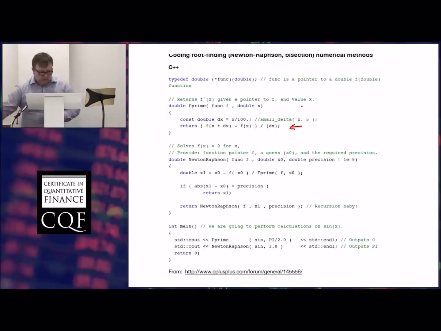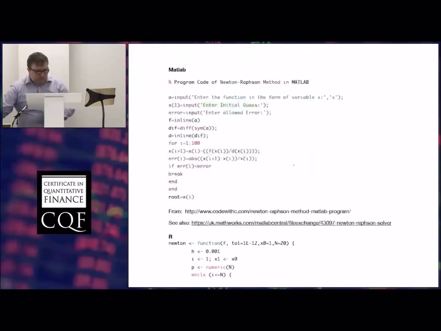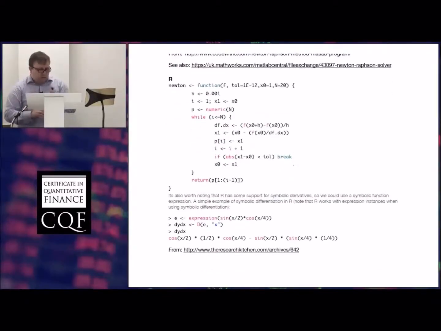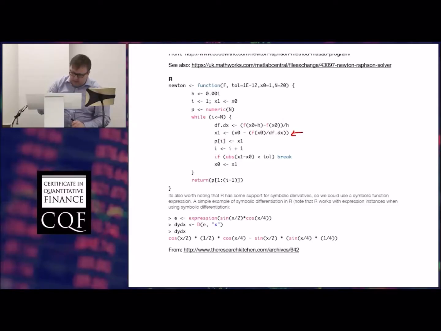And if you don't know R syntax, you still know that this is where I'm updating the volatility, and I keep doing it until the difference of Vk minus Vk plus 1 is below the tolerance.